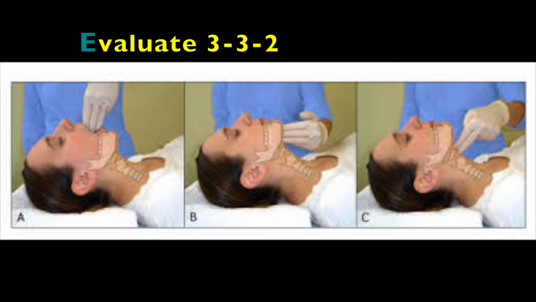E stands for Evaluate 3-3-2. This is a rule that means 3 fingers between your incisors, 3 fingers between the mentum and the hyoid bone, and 2 fingers between the hyoid bone and the thyroid. Now, I'm not advising anyone to try and fit your 3 fingers inside the patient's mouth.